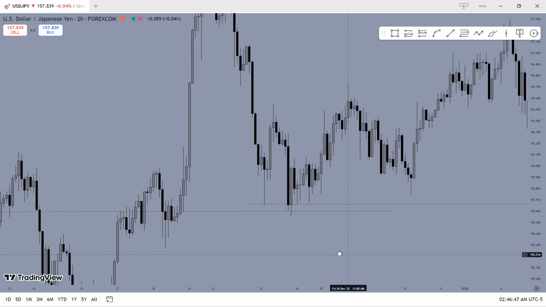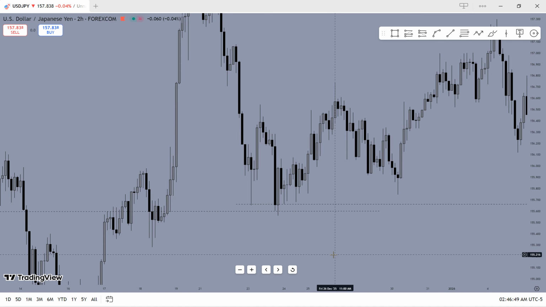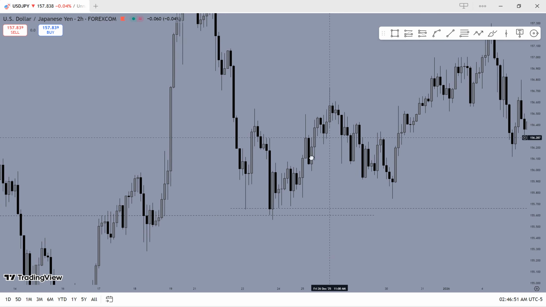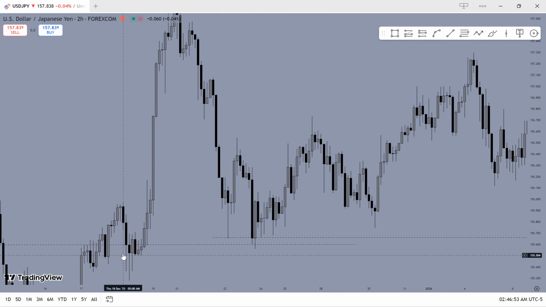What we had was something similar to the ABC pattern that I explained to you earlier. This was the level that we are reacting from, and this was the sweep. This was the low that got swept. And I told you that after a sweep, we're expecting a break. So I think the break happened on 1 hour.